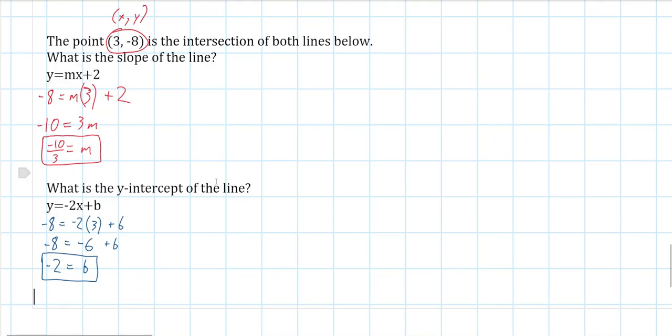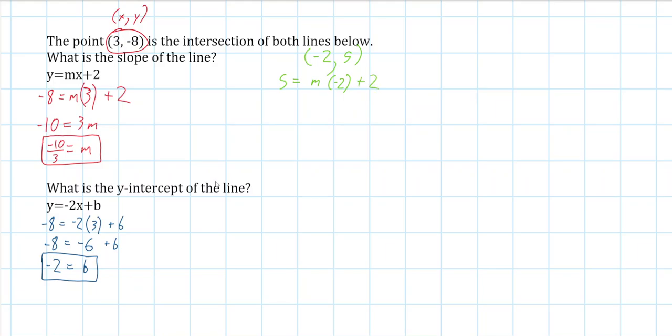And if you're given a different point, you would get a different answer. So what if we use the point -2 comma 5, right? What would happen then? Well, do the same sort of process, right? We're going to solve this one. So 5 equals m times -2. The bracket there makes it much more clear.